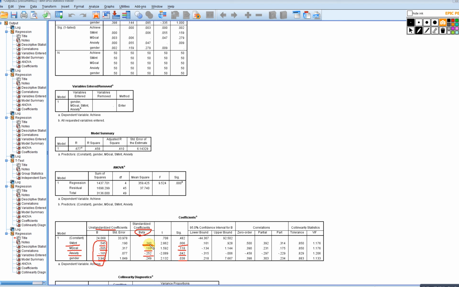So we can say, compared to the other predictors, that this was the strongest predictor in the model. You also see that anxiety had a standardized regression coefficient, or a beta coefficient, of negative 0.252. So you can see that its magnitude was less than subject matter interest, but more than gender.